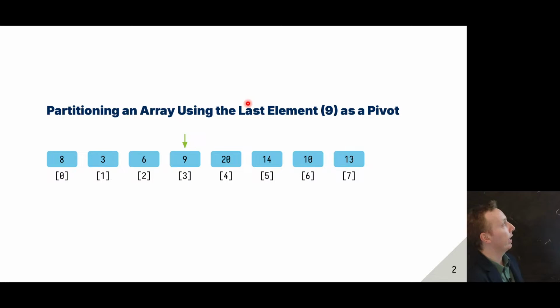So 9 is placed at index 3, and then everything to the left of 9 is less than or equal to it, and everything to the right is greater than or equal to it. It's all greater than. So after this, if we define the problem right, we can recursively sort this side.